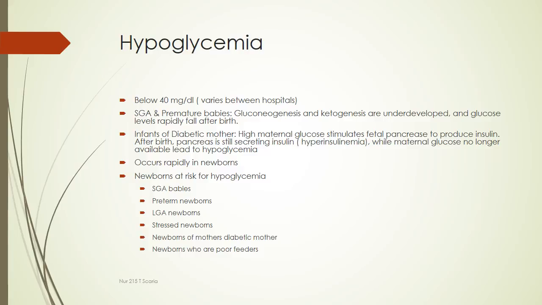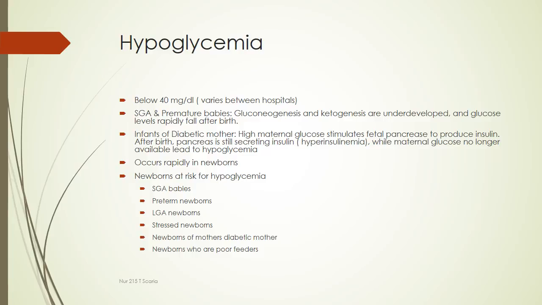So after birth, the pancreas is still secreting insulin, so there is hyperinsulinemia, while the maternal glucose is no longer available, and this leads to hypoglycemia. This can occur rapidly in newborns.